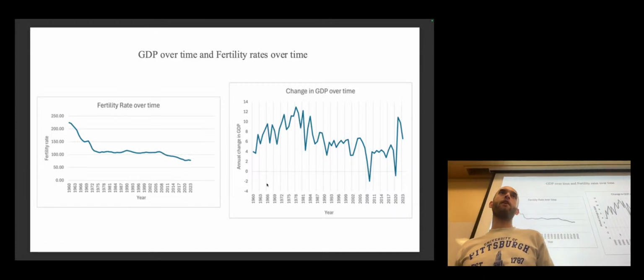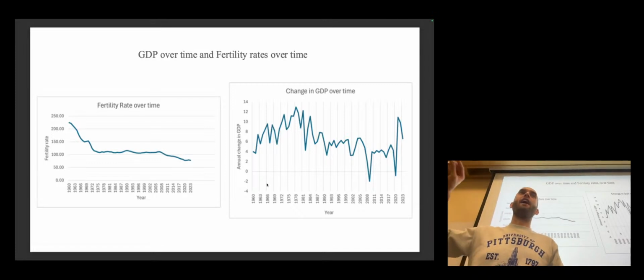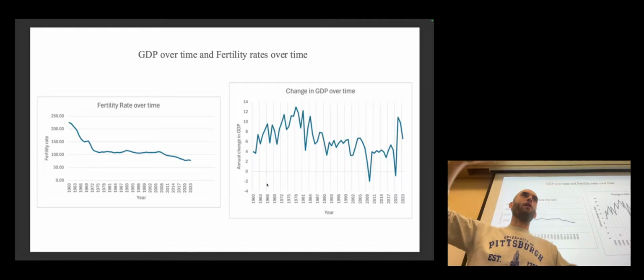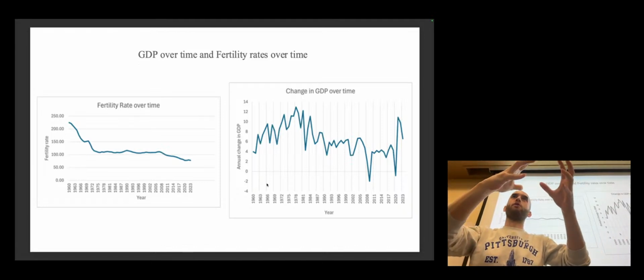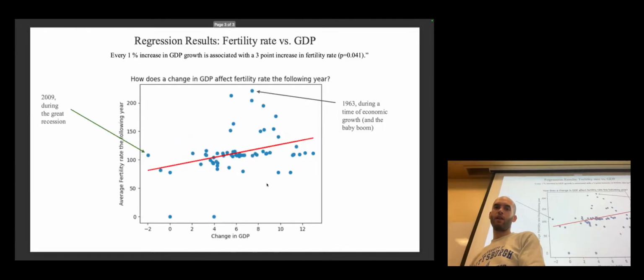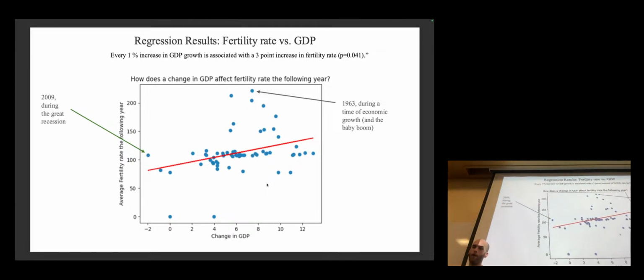Very interesting question, solidly grounded in economic theory. This isn't like ice cream and drownings. We know exactly that there should be a relationship here. And then this second figure is amazing for a lot of reasons. First off, it's just a simple presentation of the relationship between the two main variables.